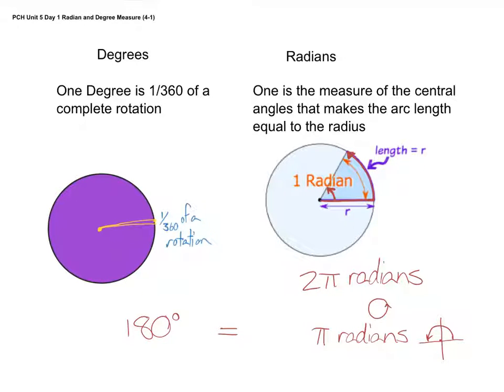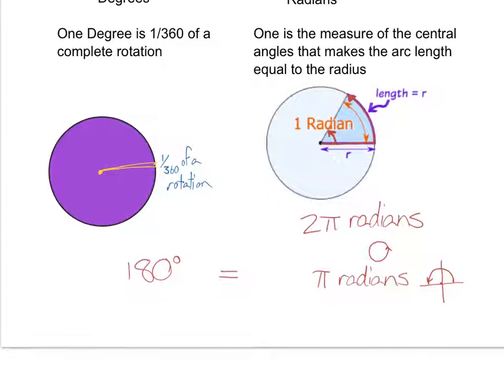Wait, do you mean pi r? So 180 degrees. Pi radians is 180 degrees. And remember, pi is 3.14, okay? So pi is not a label or something here. It actually is the value. 3.14159 blah blah blah radians is 180 degrees.